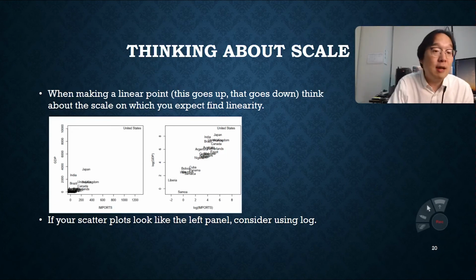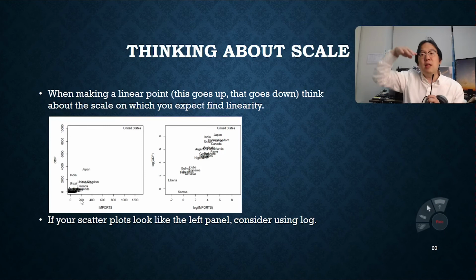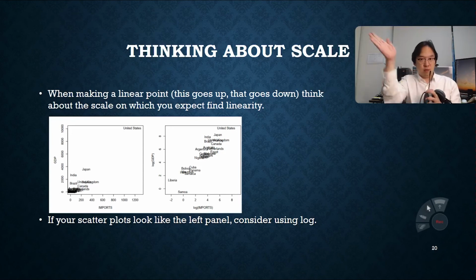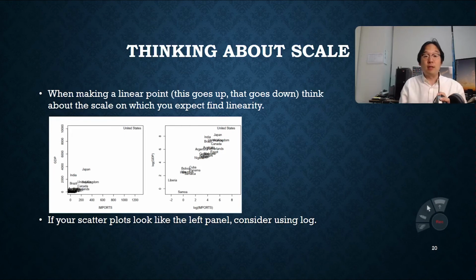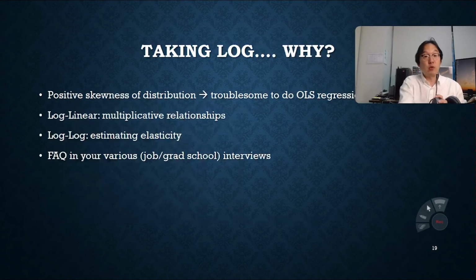On the left-hand side, we don't know what is going on in that cluster. Is it more like a quadratic relation, or cubic relation, or sine cosine relation? We don't know, but as we take the log, we can safely say, oh, it's linear. We can run some OLS regression based on these two variables. So if your scatter plot looks like the left-hand panel, consider using log, the first point, skewness.